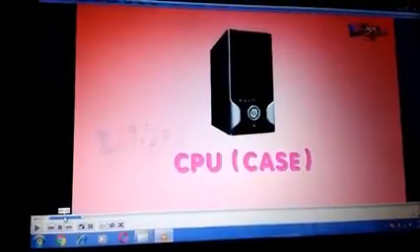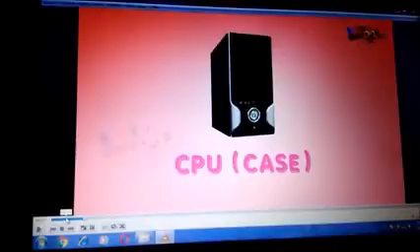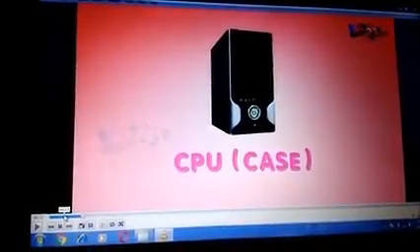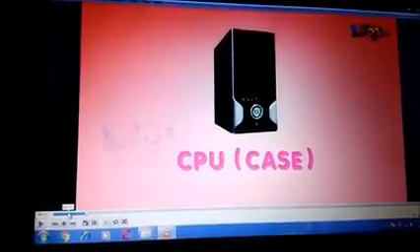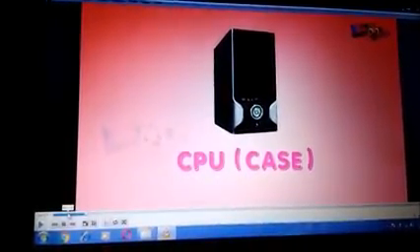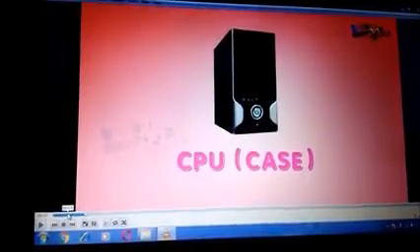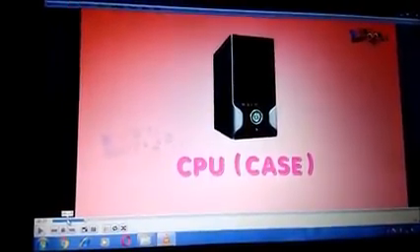It is the processing unit of a computer and is present inside the CPU box or the case. It does all the calculation work of a computer. So the CPU is known as the brain of the computer. The CPU does all the work through the microprocessor which is inside the CPU.